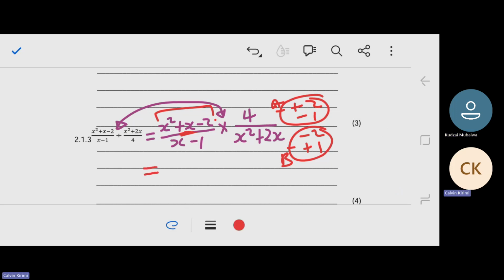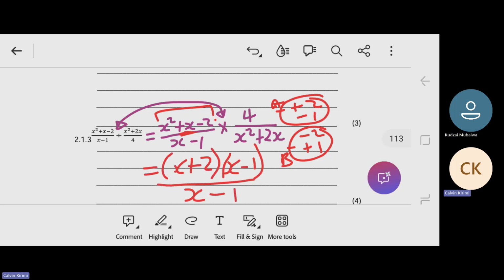The first bracket is x plus 2, then the other bracket is x minus 1. So that's how you deal with quadratic equations when you are factorizing. And the denominator is x minus 1.